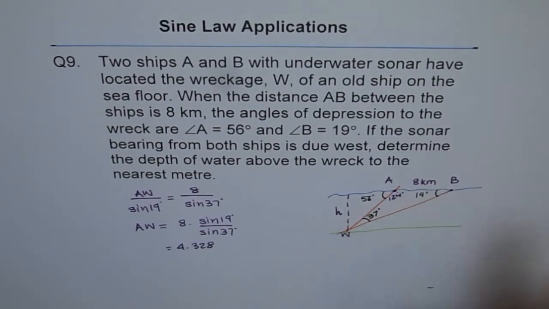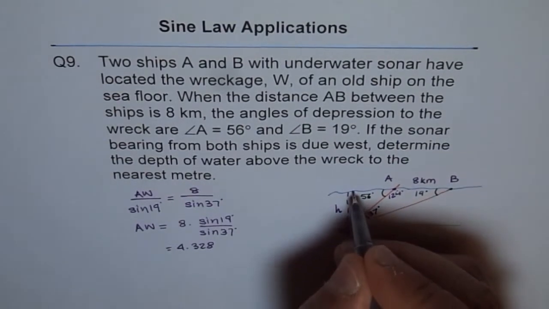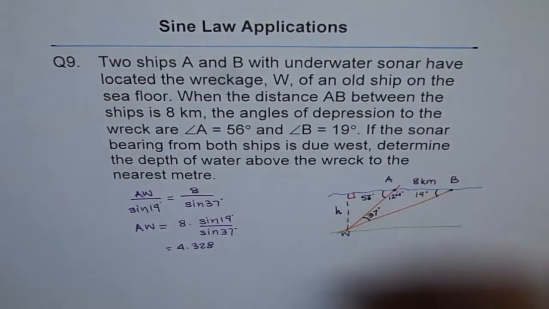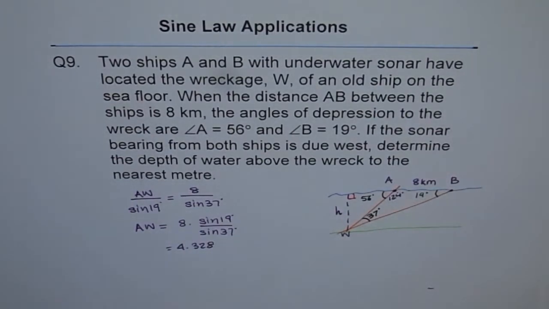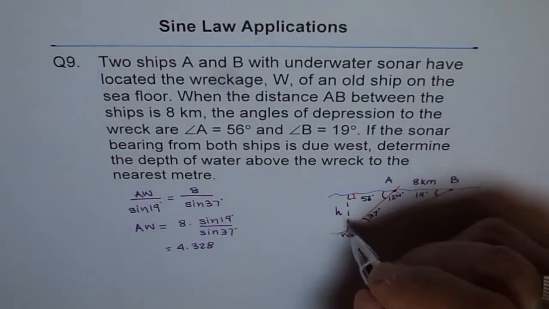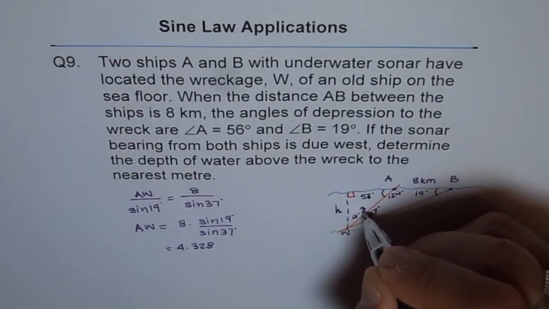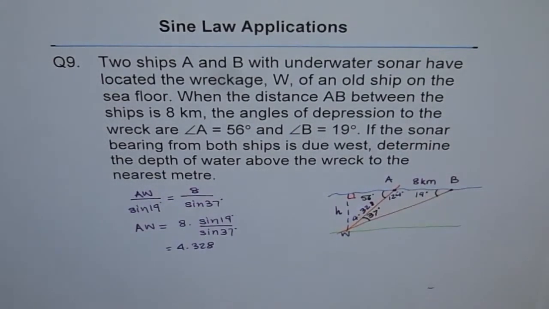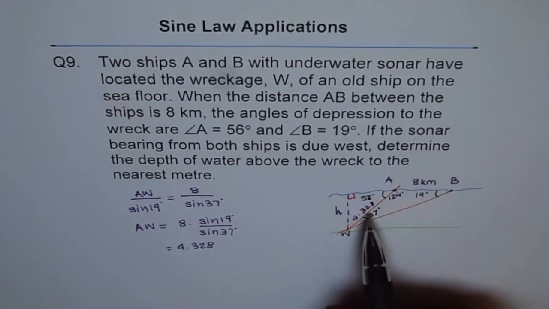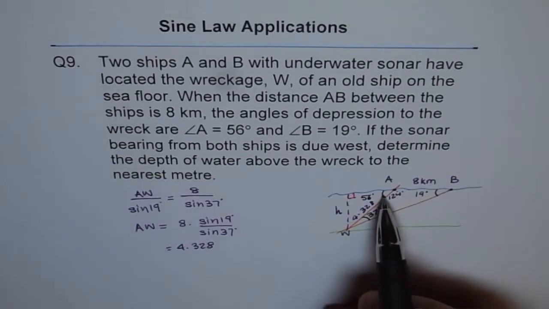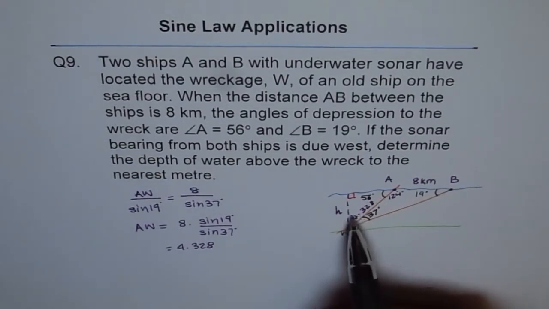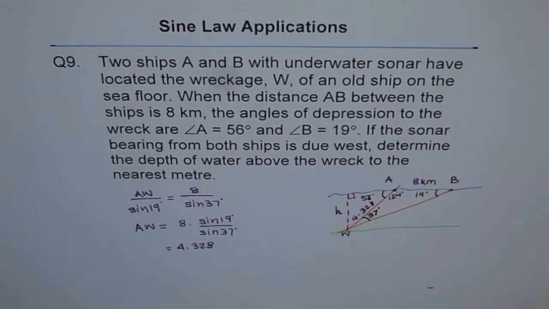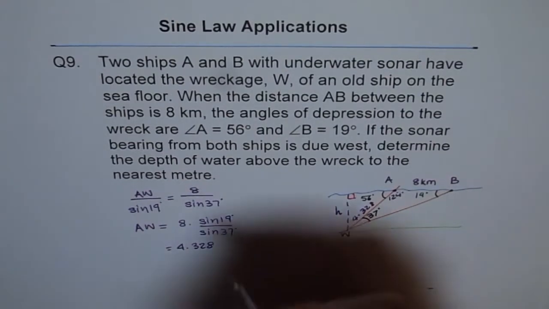Now when we know AW, then we know this side, this is right angle, and we just calculated that this is equal to 4.328, right? Once we know this angle of 56 and that side, we can find what that opposite side AH is, correct? So let's figure that out.